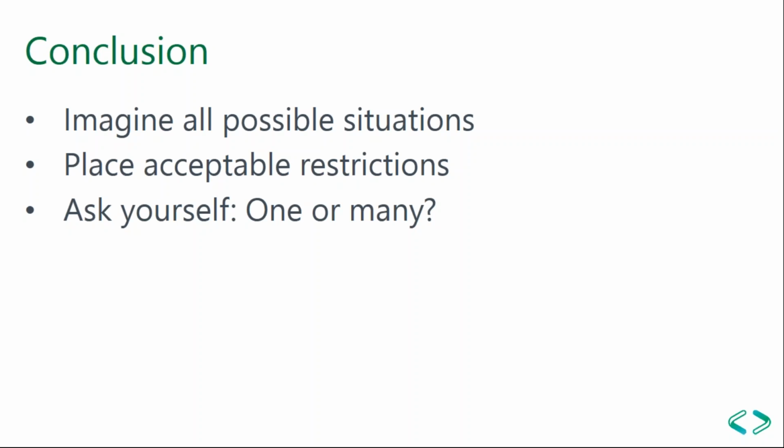What if a person has one address where he lives and also has another apartment in another country? Do you need to account for this? Do you need to store all the possible values, all the rows? When you have the whole picture of your model, you can decide which restrictions you want to place on your database.